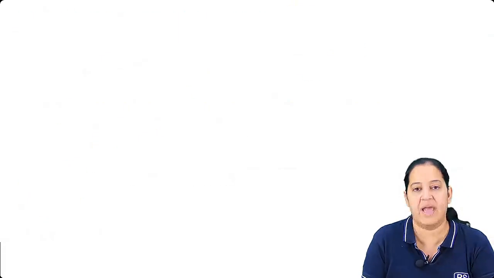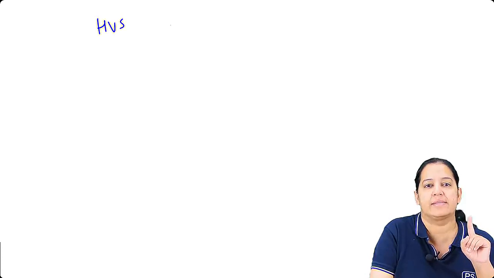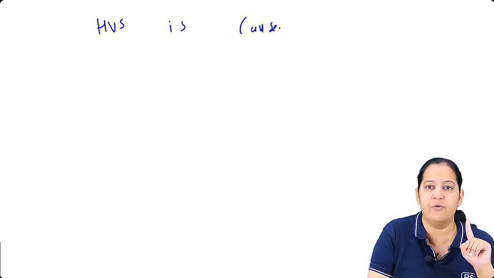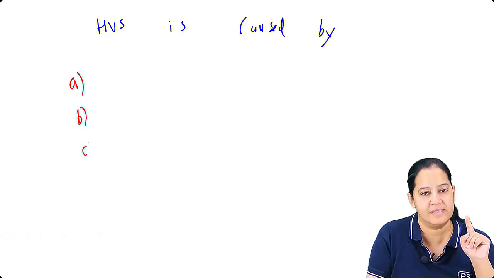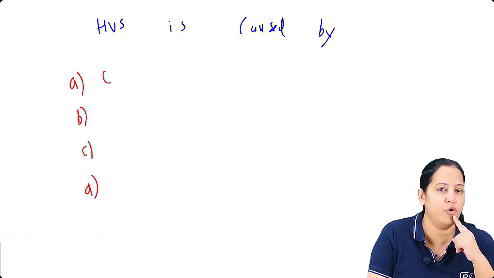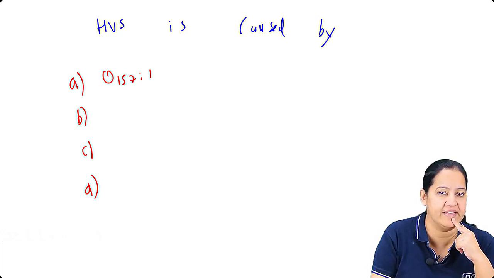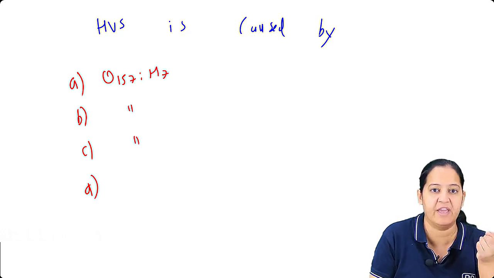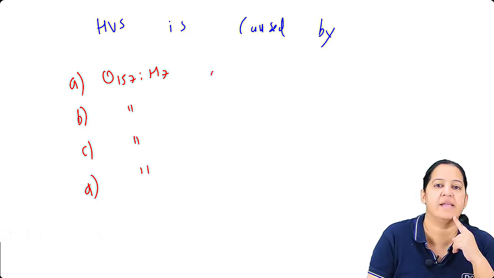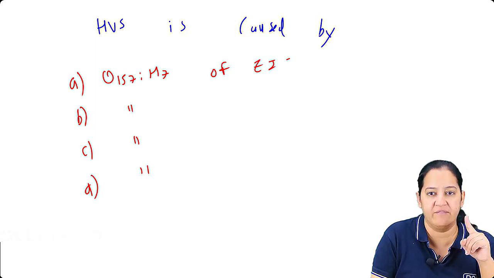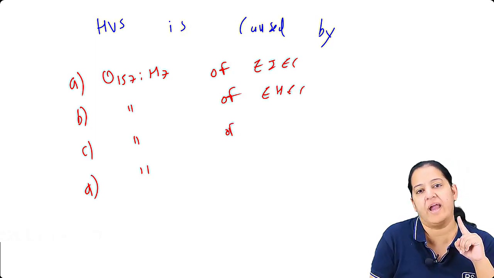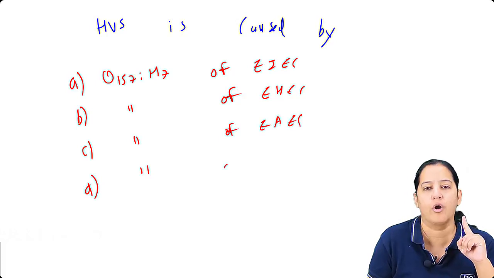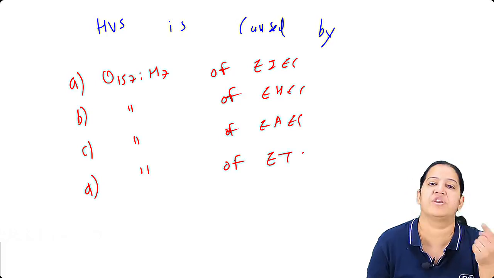You get a question like this: HUS is caused by, and see the four options, A, B, C, D. All four options contain O157H7. See, it's a PYQ. O157H7 of enteroinvasive E. coli, of enterohemorrhagic E. coli, of enteroaggressive E. coli, or enterotoxigenic E. coli. What is your answer now?